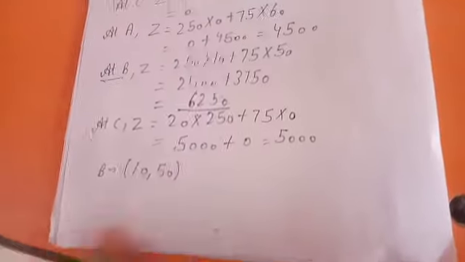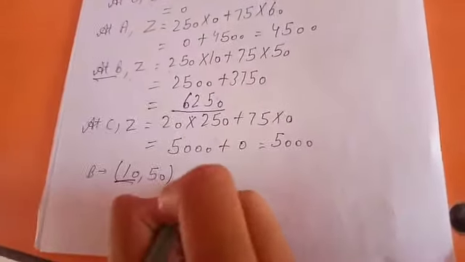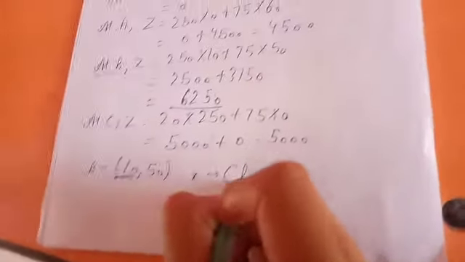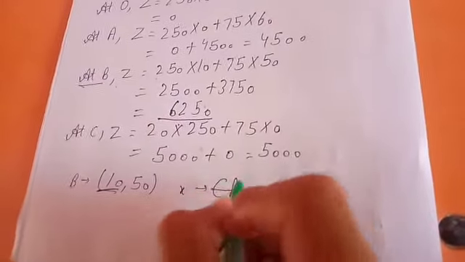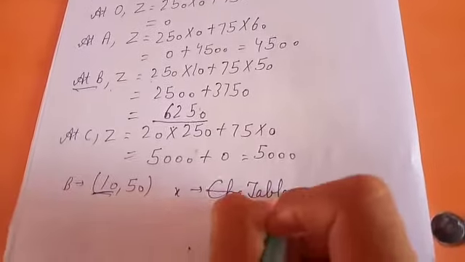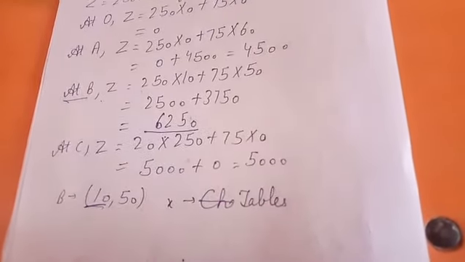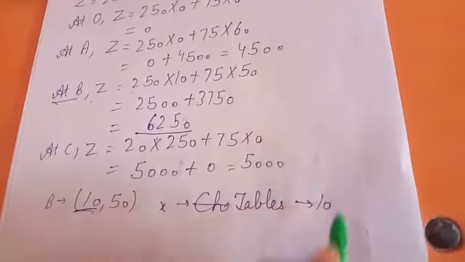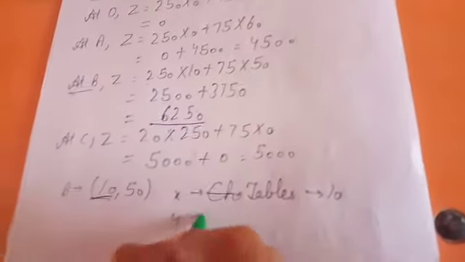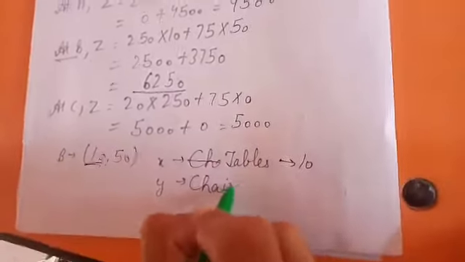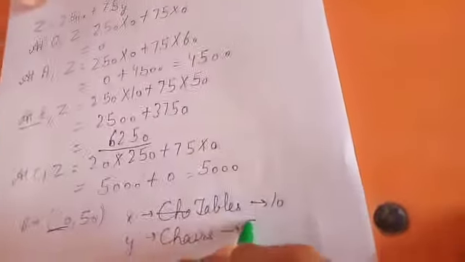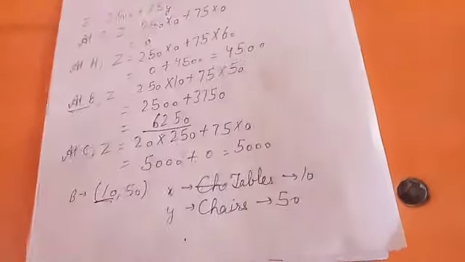Okay, that means x, what were x? X were chairs or tables? Tables. So how many tables should he buy? He should buy 10 tables. And what was y? Y was chairs that he had to buy. How many should he buy? 50.